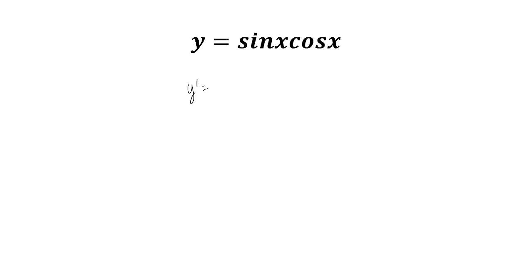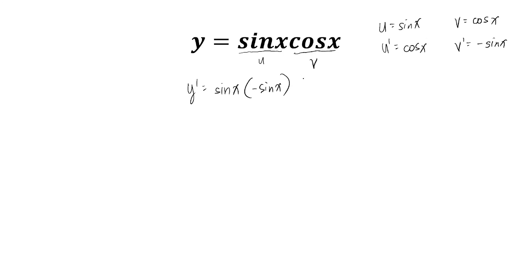Y equals sine x cosine x. Again, we have two functions and then multiplying. We can use product rule. U, that's sine x, u prime, that's cosine x, and then v cosine x, and then v prime is equal to negative sine x. That's u product rule, v prime plus v u, that's v, and then u prime.